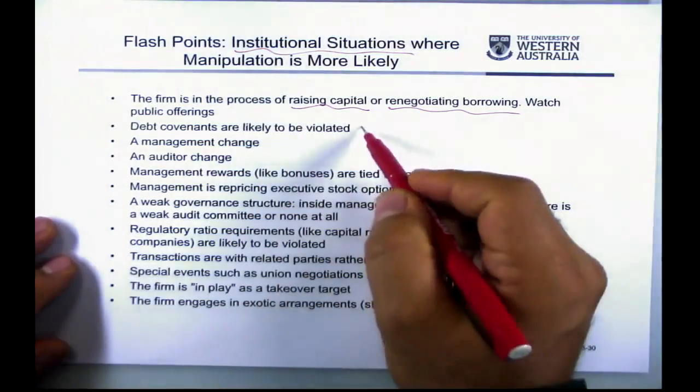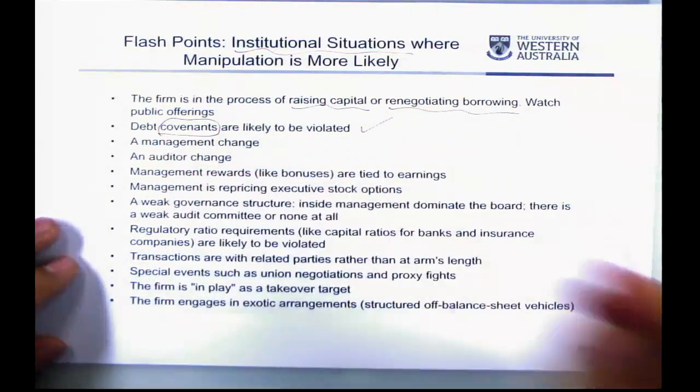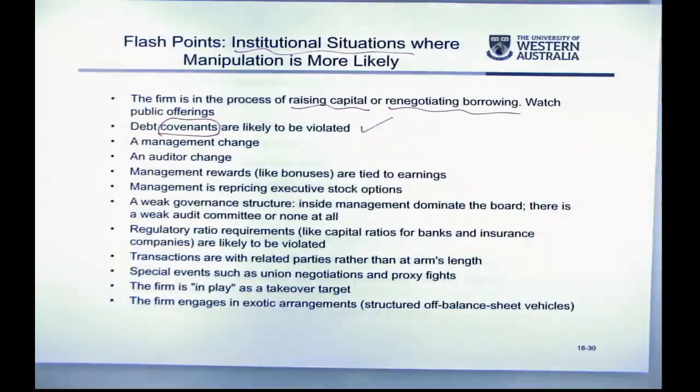Debt covenants. Debt covenants are the terms and conditions that are usually imposed by lenders. For example, if a firm obtained loans from banks, banks usually impose covenants on the firm, terms and conditions. For example, the bank may require the firm to maintain a minimum cash balance.